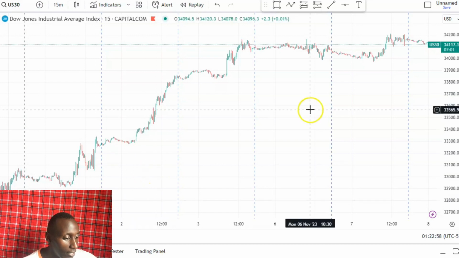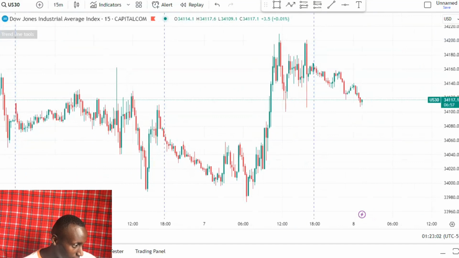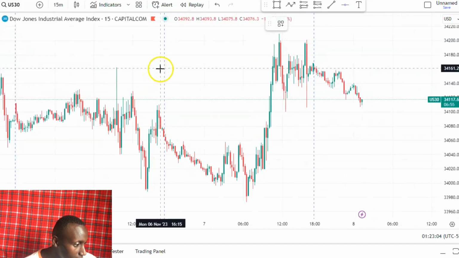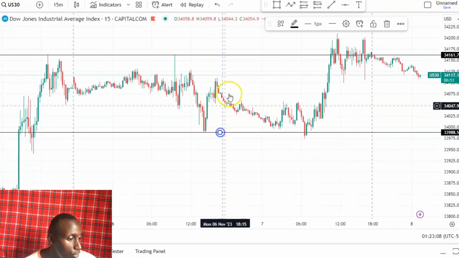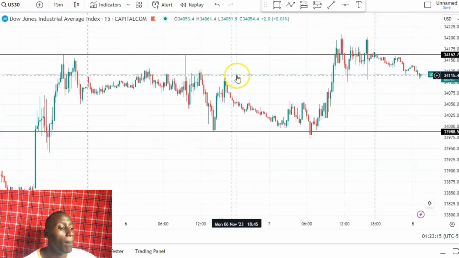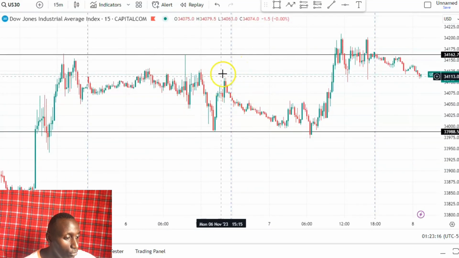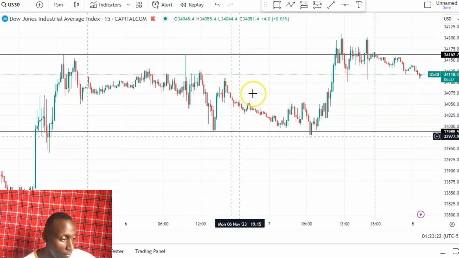So on Monday, if we look at what happened here, on Monday we have a high and a low. So this means that Monday sets the high and the low of the week. Now on Tuesday, something interesting happened.